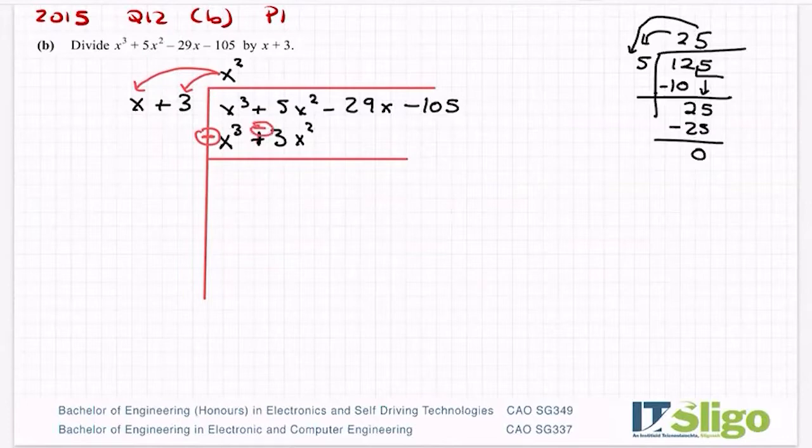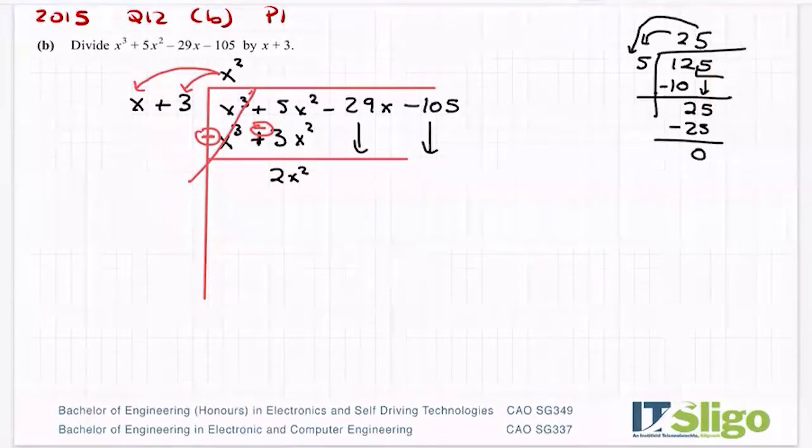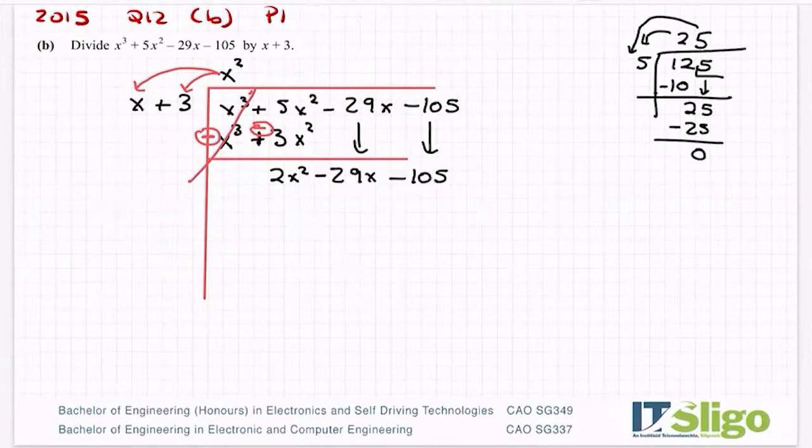You know you're right when you get x cubed minus x cubed to cancel. That's our goal. And then 5x squared minus 3x squared, and 5 minus 3 is 2x squared. Then I take these down just like here I took down the 5. So minus 29x minus 105.